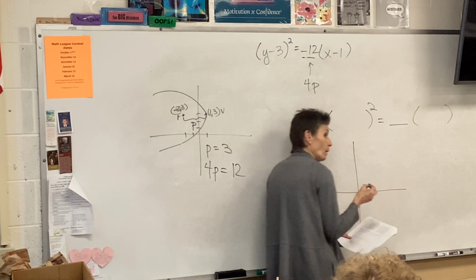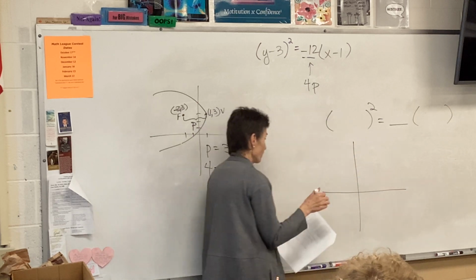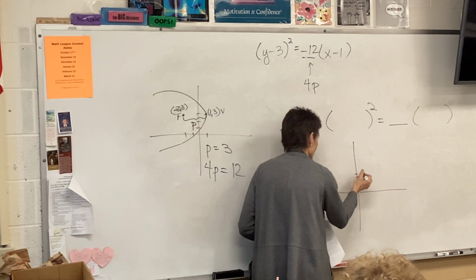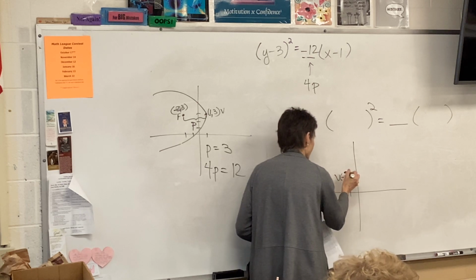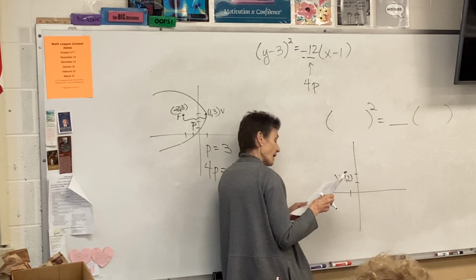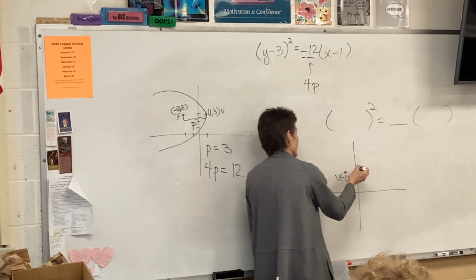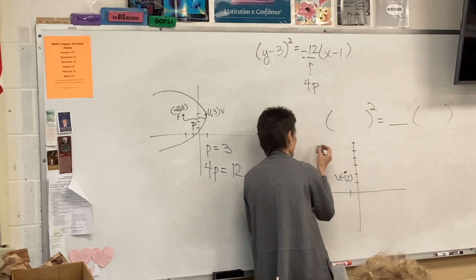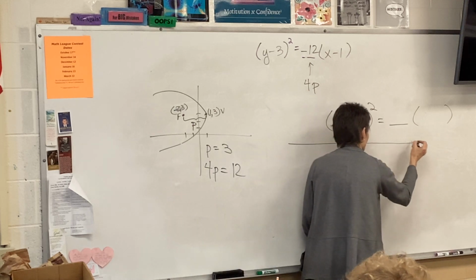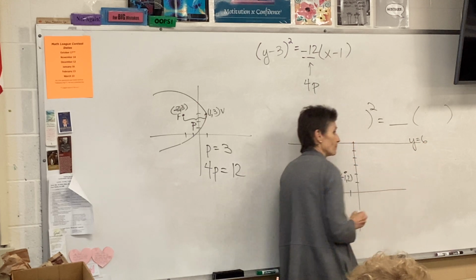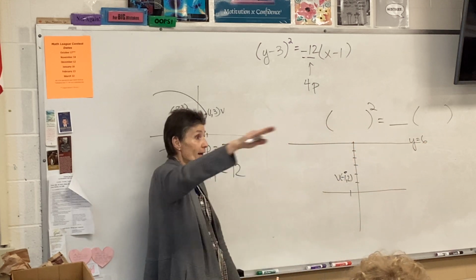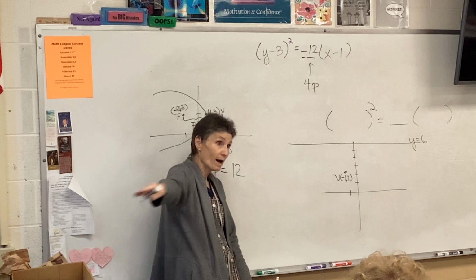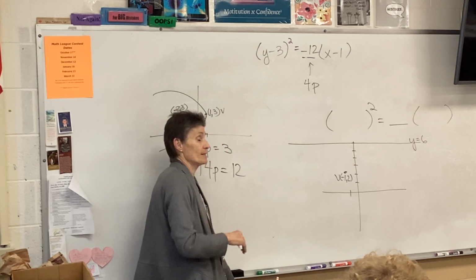Okay, so I'm going to look at what I have. I have a vertex at negative 1, 2. This is my vertex. And I have a directrix at y equals 6. Y equals 6, crosses the y-axis at 6.